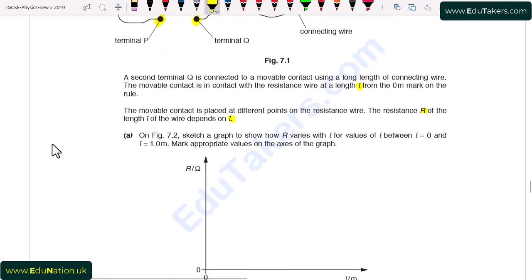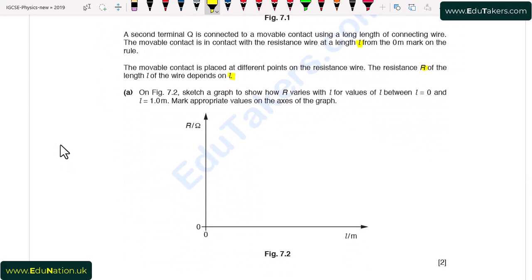Part A. On figure 7.2, sketch a graph to show how the resistance R varies with length l, for values of l between l equal to 0 and l equal to 1 meter. Mark appropriate values on the axes of the graph.